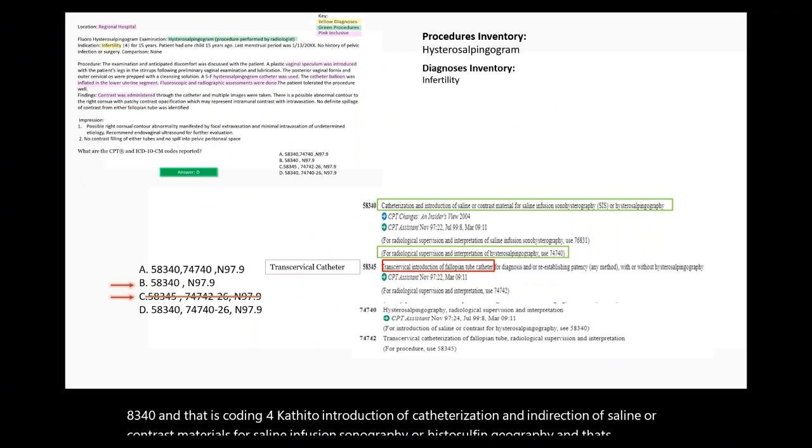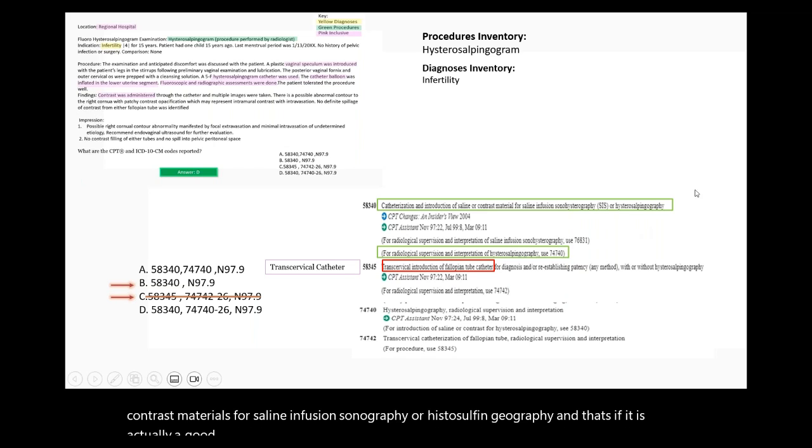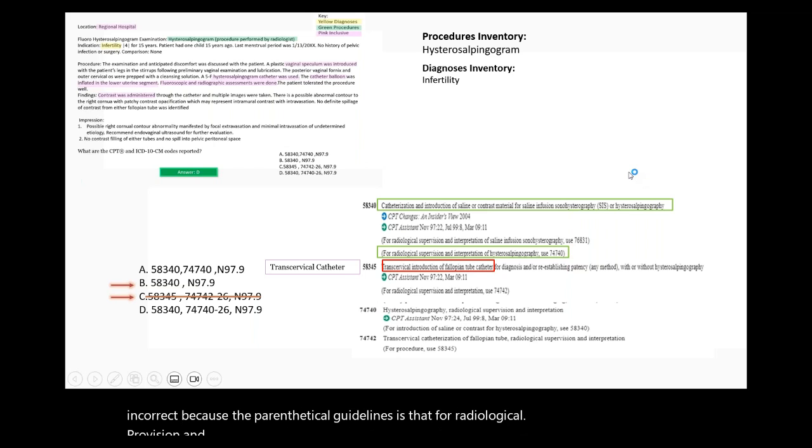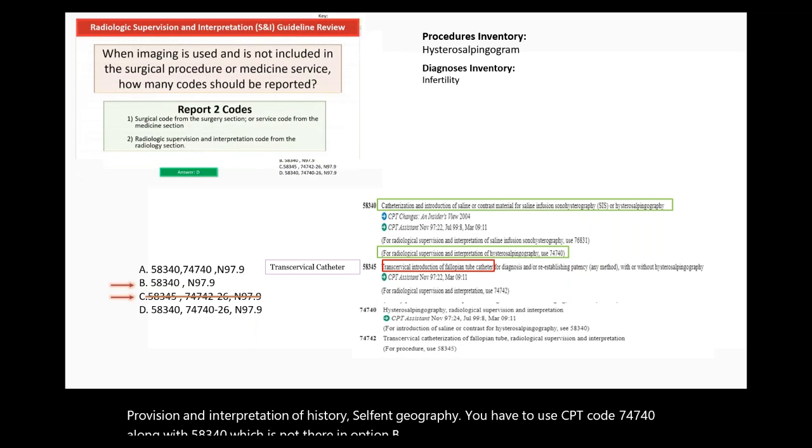That CPT code is a good one and does match our procedure inventory, but option B is still incorrect because the parenthetical guidelines say that for radiological supervision and interpretation of hysterosalpingography you have to use CPT code 74740 along with 58340, which is not there in option B. So option B is incorrect.